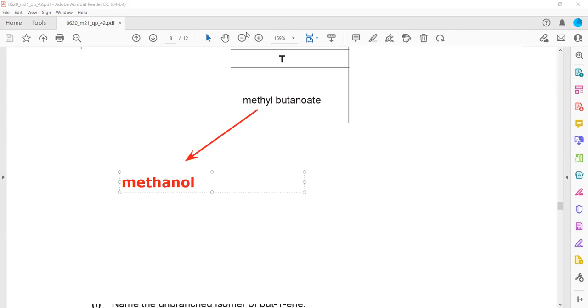The second name of the ester gives the acid which reacts, because acid reacting with alcohol gives ester. So it will be butanoic acid. So when methanol plus butanoic acid react, they will form this ester, methyl butanoate.